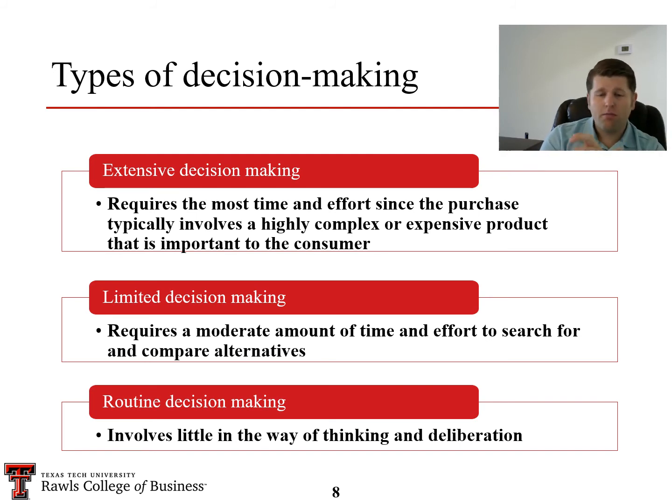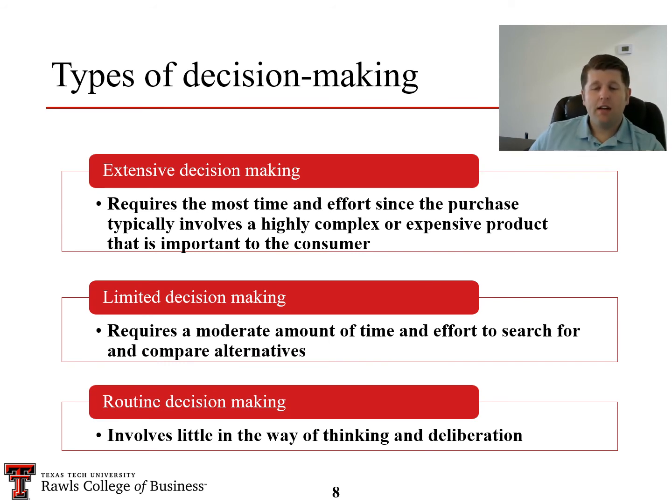If you're buying a car, you probably go through extensive decision making, taking time to process all the information that's out there. Now, limited decision making could occur where it's somewhat of a big decision, but it's not so much where we have to take too much time. You may have a few decision alternatives that you're trying to decide between, and it takes you a limited amount of time to make those decisions.